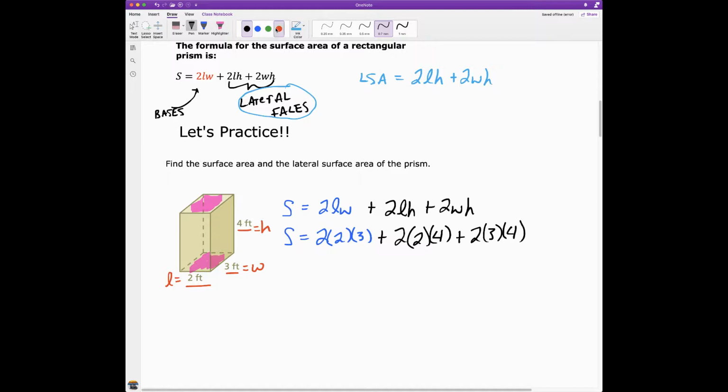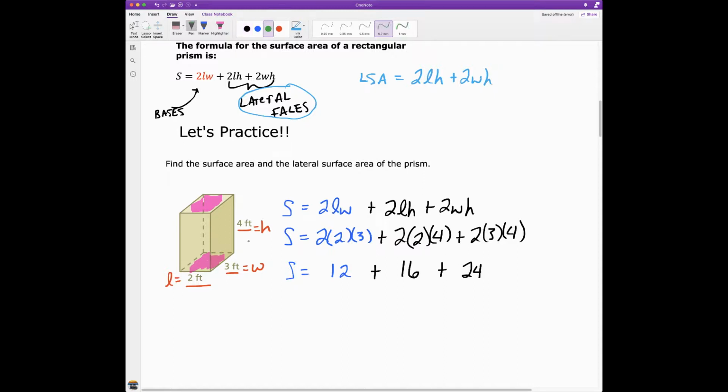Okay, now it's just a matter of simplifying everything. So my surface area is 2 times 2 is 4, 4 times 3 is 12, plus 2 times 2 is 4, 4 times 4 is 16, plus 2 times 3 is 6, 6 times 4 is 24.